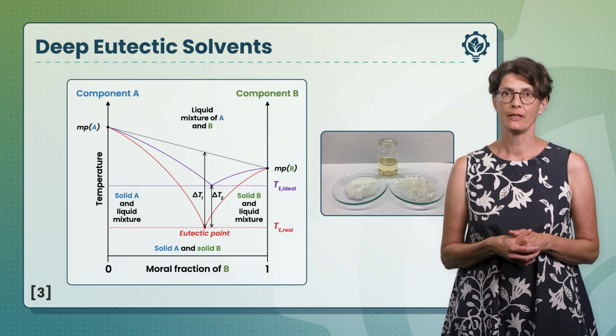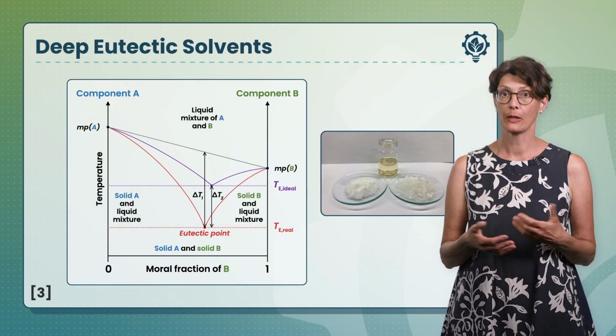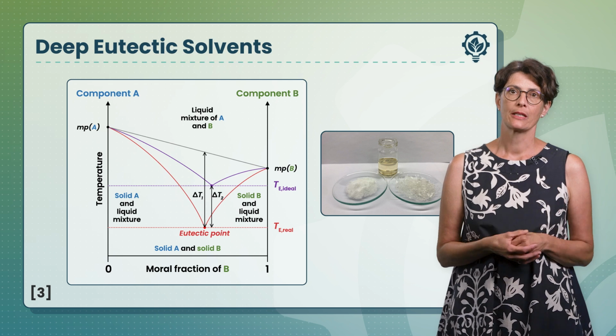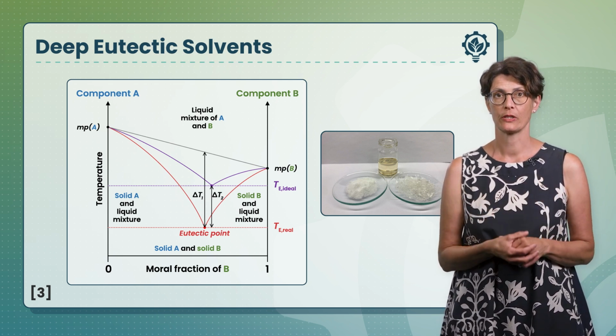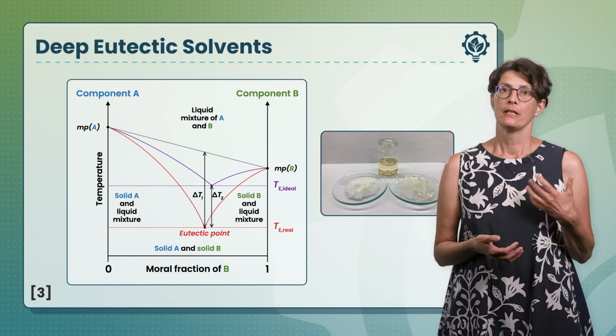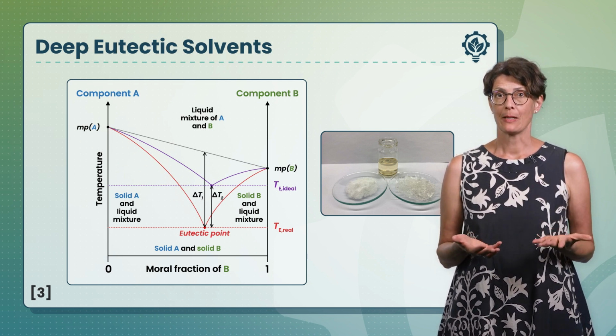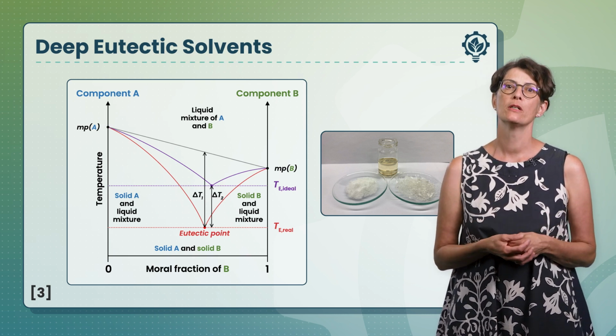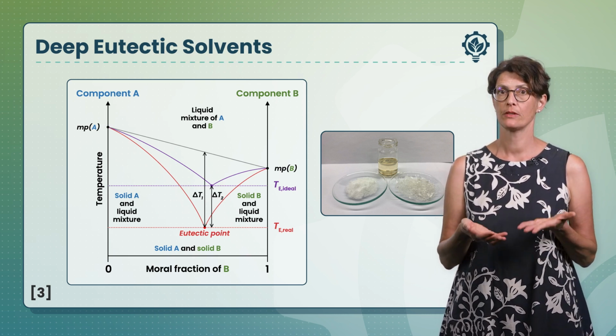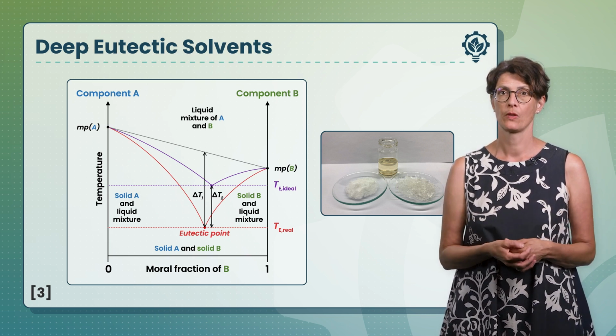You have probably already heard of ionic liquids, and deep eutectic solvents can be classified as a specific class of ionic liquids. Deep eutectic solvents are made up of two or more compounds that are solid at room temperature, but when mixed together, they form a liquid phase.